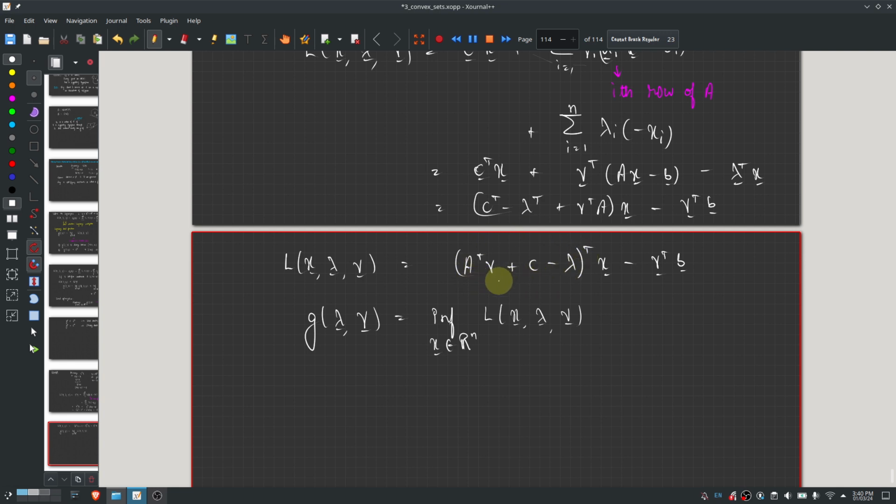But if this quantity is equal to 0, then it's a constant function. In this case, the minimum would be equal to this itself. So this would be equal to minus nu transpose b if A transpose nu plus c equals lambda, and it's equal to minus infinity otherwise.